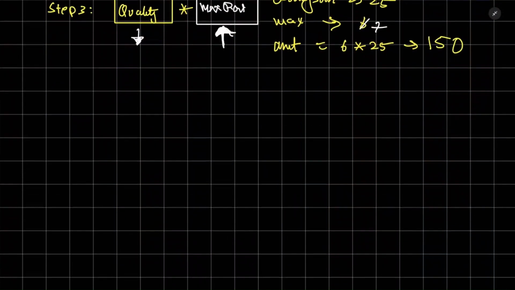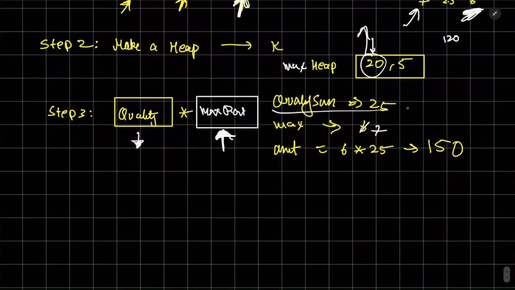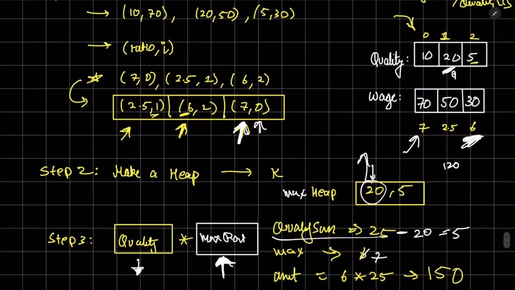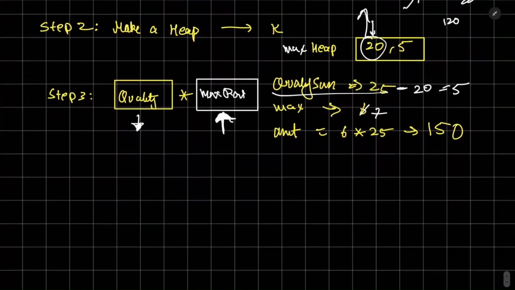So now from this quality sum, you will subtract 20, or I should say you will subtract what this heap top will give you, and now you are left with 5. And now you will include this worker, and it has a quality of 10. So your new quality sum will be 5 plus 10.